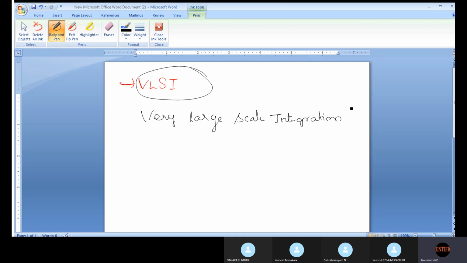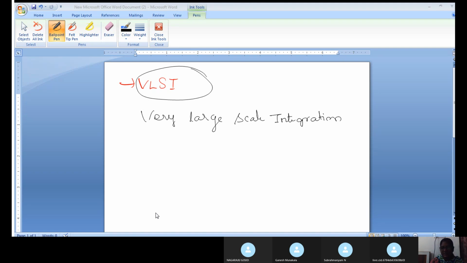What do you mean by integration? Integration means bringing all the things together on a single platform.